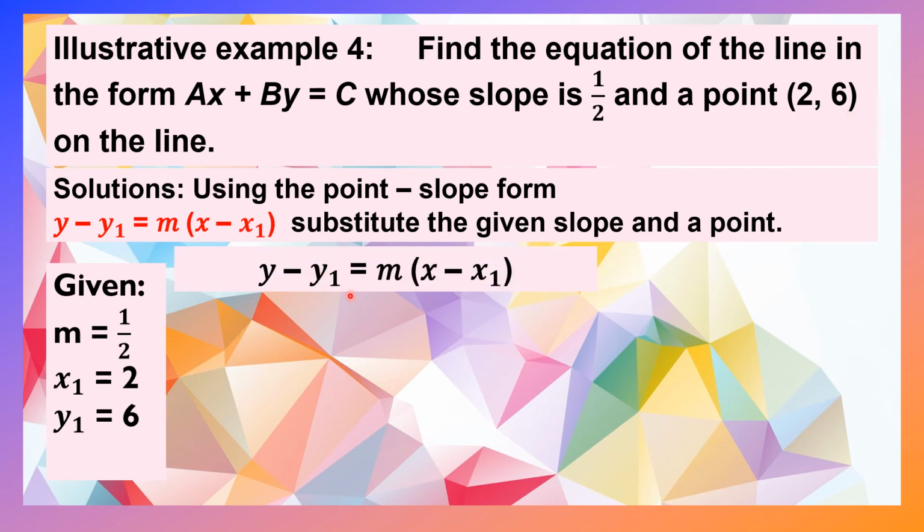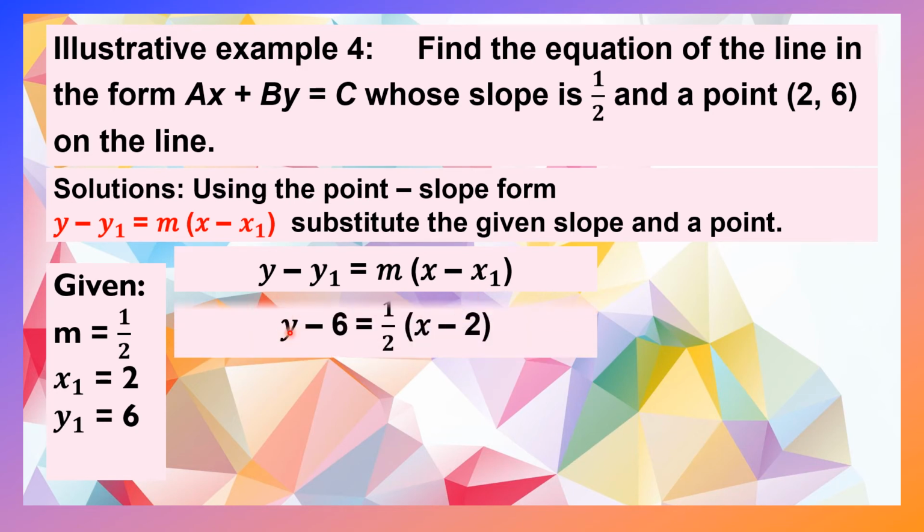So, using the formula, ang palitan natin ay y sub 1, yung m at yung x sub 1. So, just copy y minus. Then, yung y sub 1 natin is positive 6. Equals, yung m naman natin is 1/2. Times the quantity x minus, yung x sub 1 natin ay 2.